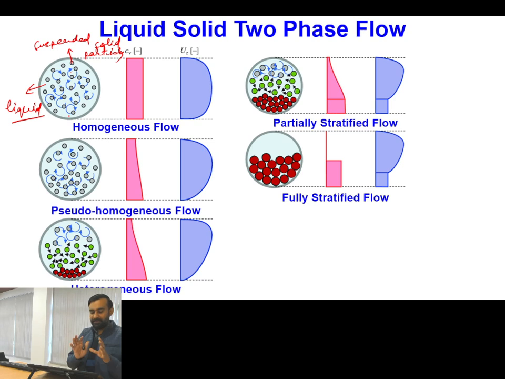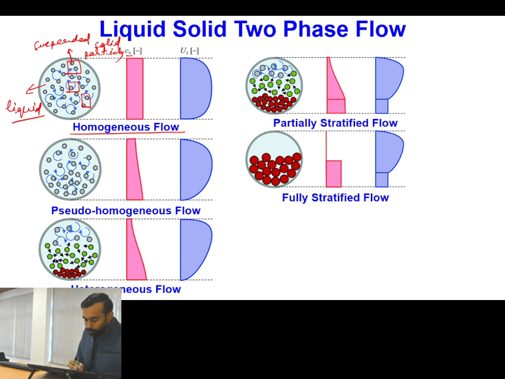So you can consider a control volume somewhere over here of this size, and if you assume a control volume of the same size somewhere here, almost everywhere you will find that the number of particles contained within that control volume is almost the same. It means that solid and liquid distribution is almost uniform across the entire cross section. So this type of flow is called homogeneous liquid solid two phase flow. Okay.